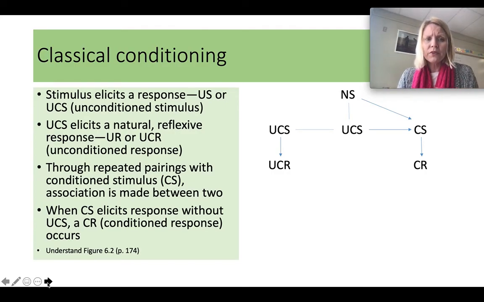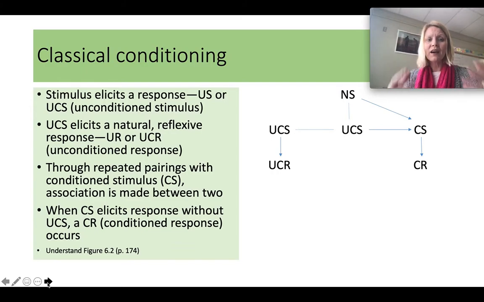So when we talk about classical conditioning, we talk about the NS. The NS is the neutral stimulus. That means nothing. We start with what's called the unconditioned stimulus, or the UCS. If you see a US or UCS, it means the same thing. The unconditioned stimulus means nothing has been taught, nothing has been conditioned, nothing has been associated, right?